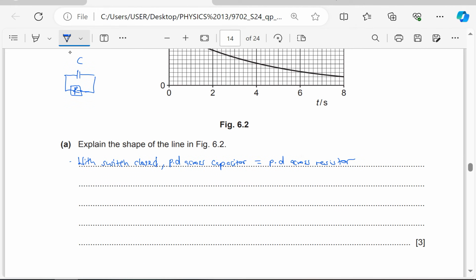But also remember, Q is equal to CV, so the PD across the capacitor is proportional to the charge on the capacitor.